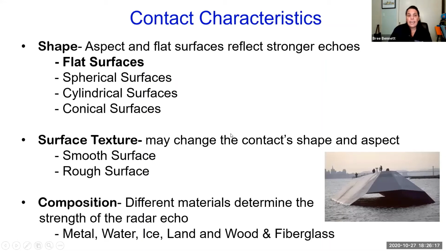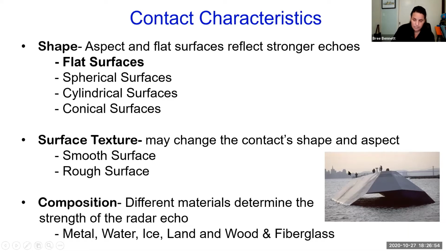Okay, when we look at more characteristics of the vessels themselves, their shapes, their textures, and their composition can all affect how much return comes back to us. This little picture here is some sort of military stealth vessel, which is supposed to be undetectable by radar, because anything that hits it bounces off in some other direction.